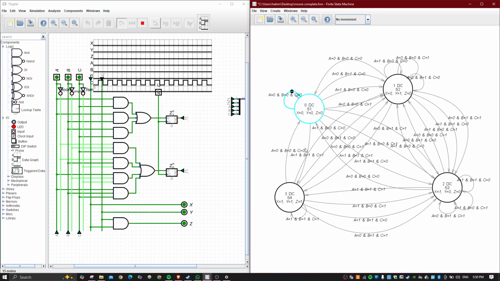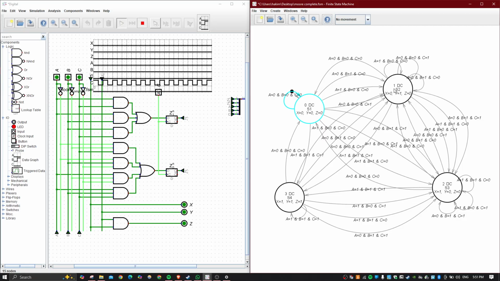In conclusion, in order to create the states for the Moore model, we need to include the input for the transitions, and each state must have an output value. For example, for the safe level, x equals 0, y equals 0, z equals 0.